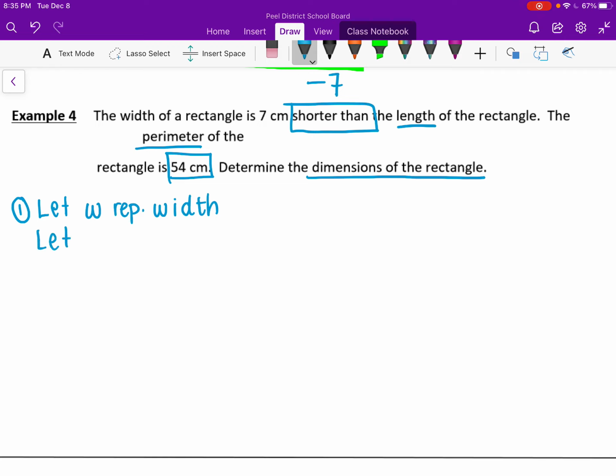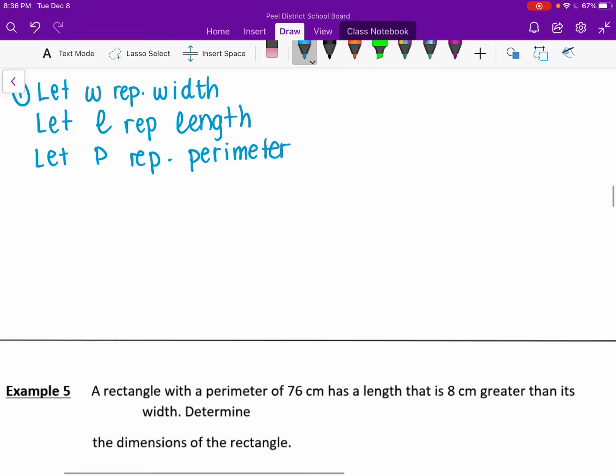Let L represent length. Right? Now we have two things to work with. And if we want, we can just say let P represent perimeter. Let's start off with just figuring out our length and our width.